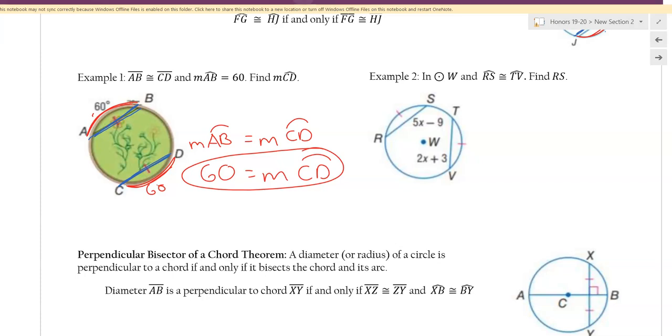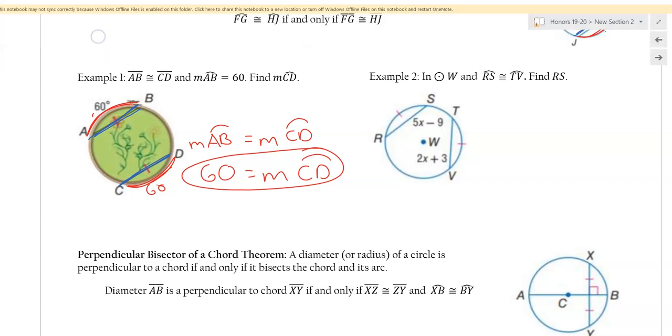We're looking at circle W now, and arc RS is congruent to arc TV. So I know this is the same as this. That means these chords are the same. Chord RS equals chord TV. Right? So for RS, I have 5x minus 9 equals 2x plus 3.